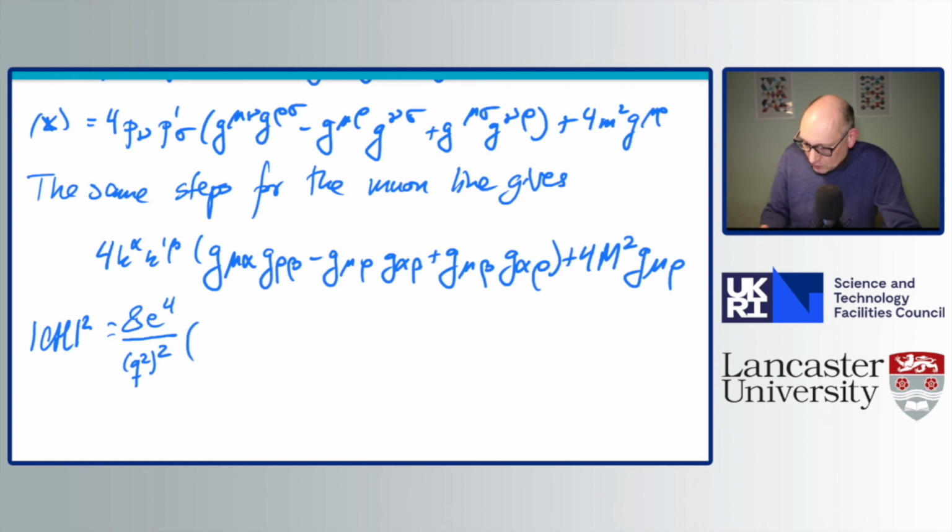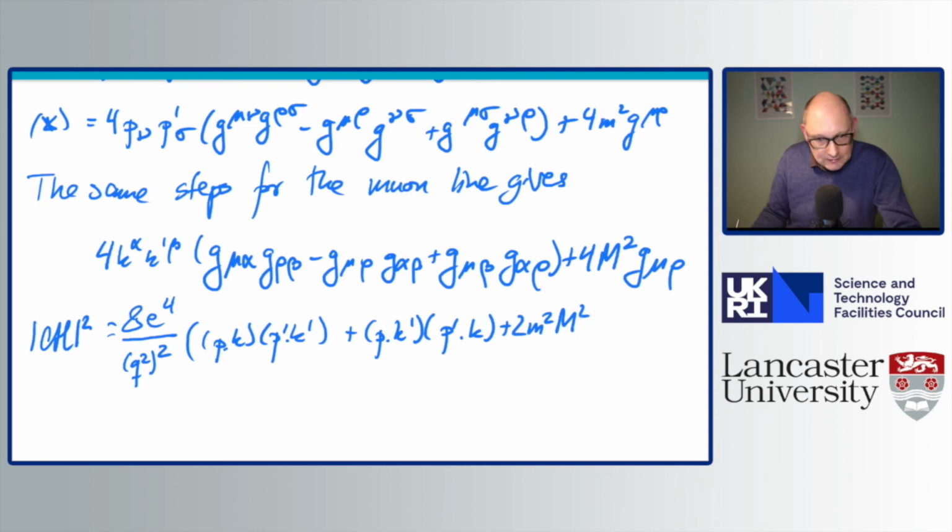And if you work out with all the g mu nus, then what one gets is p dot k, p prime dot k prime, so dots of the 4 vectors, plus p dot k prime, p prime dot k, plus 2m squared, capital M squared, minus capital M squared, p prime, minus m squared, k dot k prime.